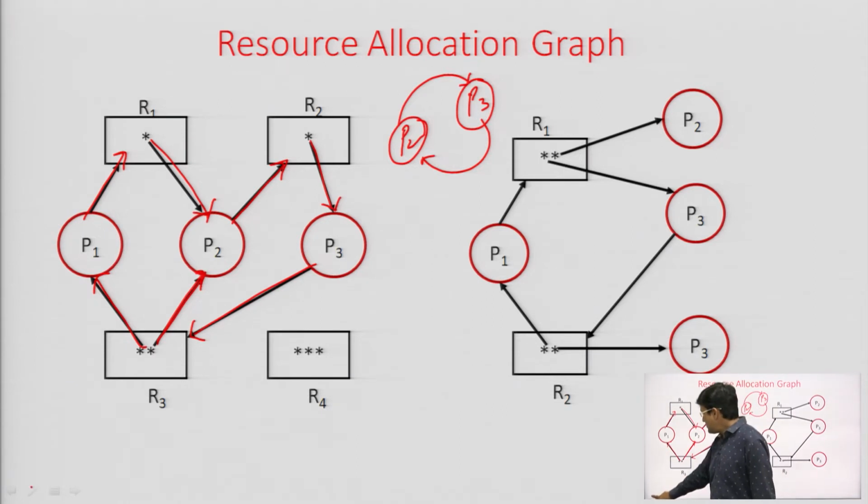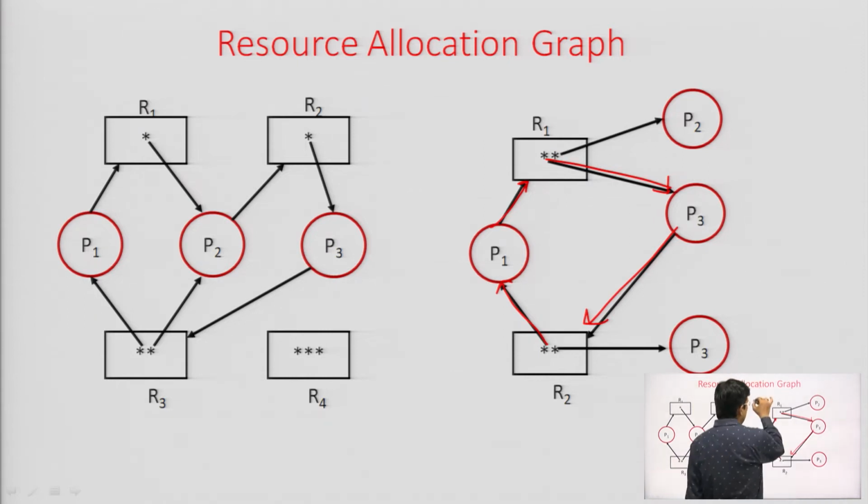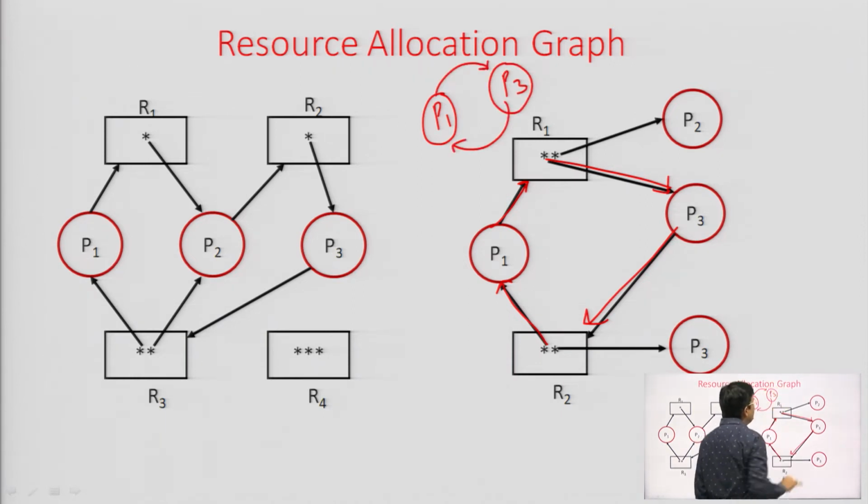The diagram on the right hand side shows that there is a cycle because P1 is requesting the R1 resource, R1 is allocated to P3 process, P3 is requesting for R2 resource and R2 is allocated to P1 process. So, you can say that the P1 and the P3 processes are in the cyclic wait, but if you clearly see, there is a cycle, but even then there is no deadlock.